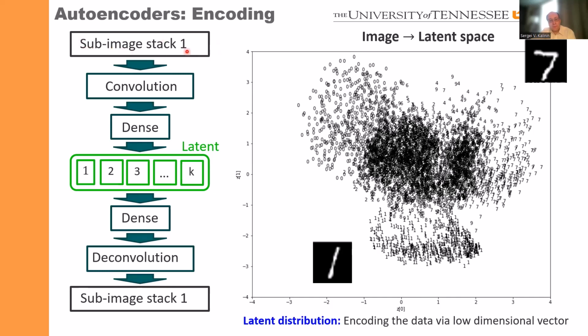Once you start with this object, you send it through a set of convolutional filters, which reduce the dimensionality of the object. Typically, after a few convolutional filters, you will send it to one or two fully connected dense layers, and in the end, you will end up with a low dimensional latent space. This is essentially a bottleneck through which all the information has to flow.